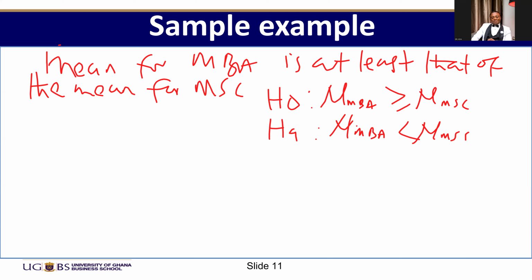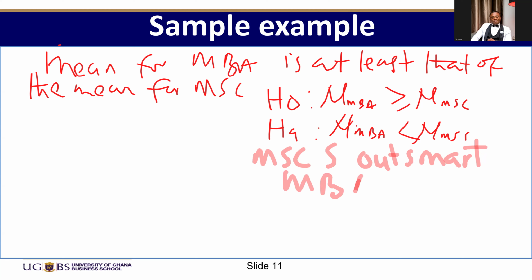Relatively speaking, that's what it means. MSc students outsmart, or are smarter than, the MBA students.